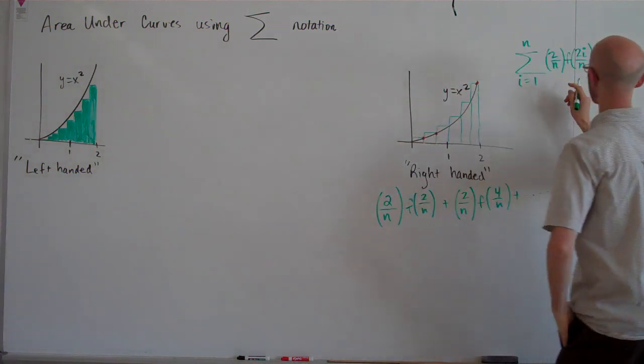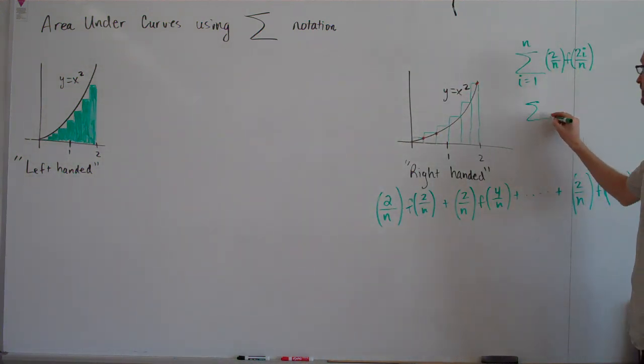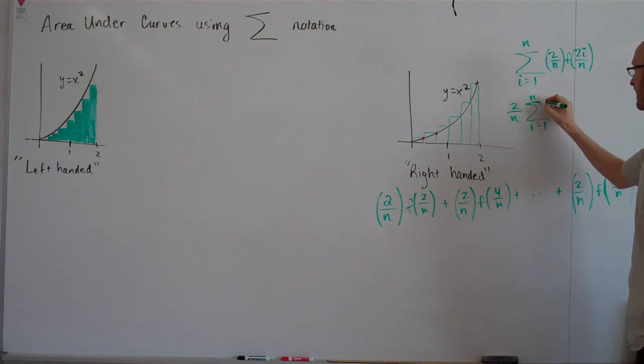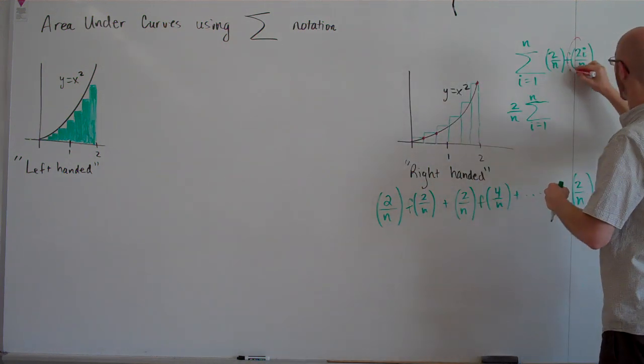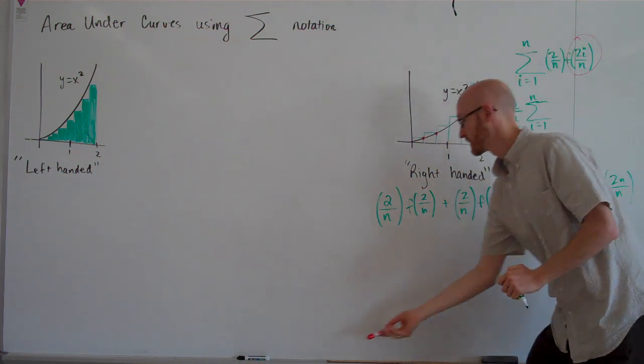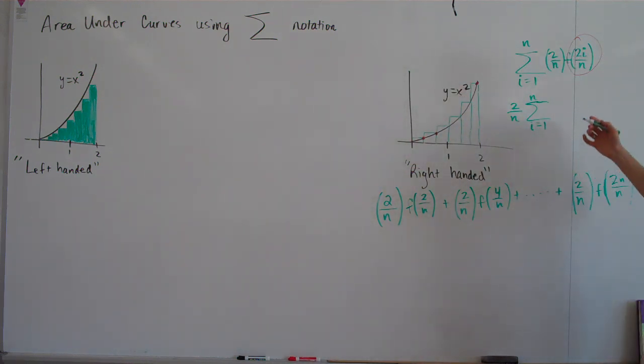Okay, so the first thing I'm going to do is pull the 2 over n out. And secondly, f of 2i over n, think about what the function is. The function is x squared, right? So it's that thing squared.